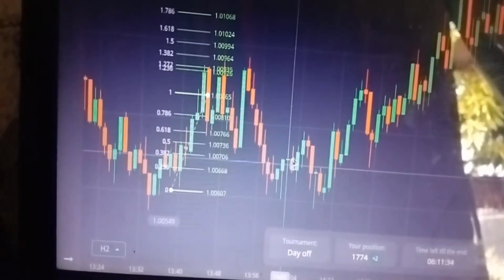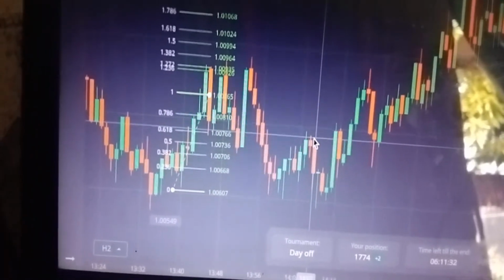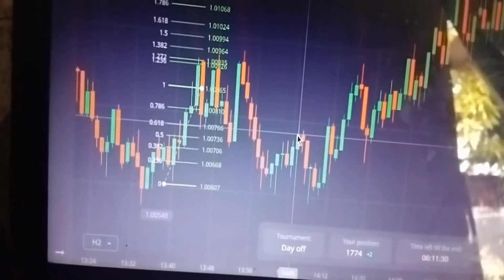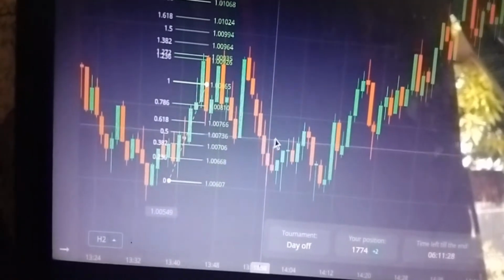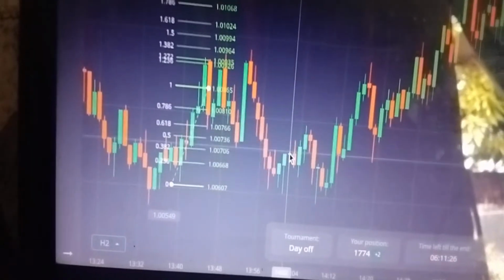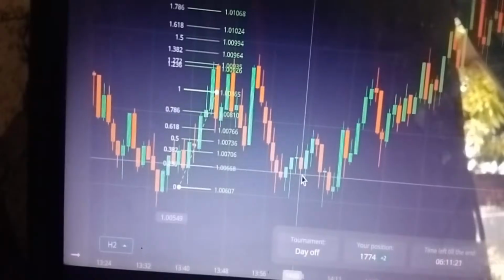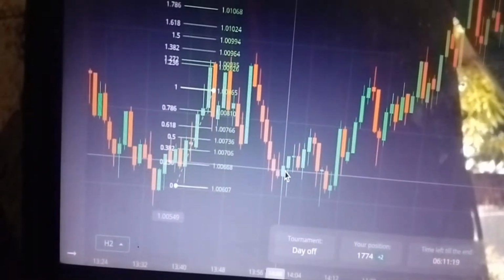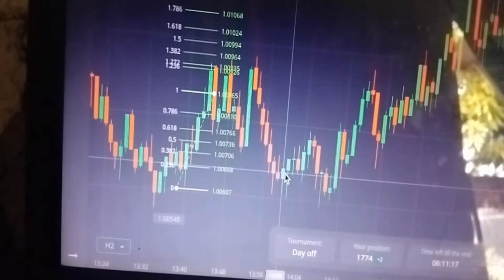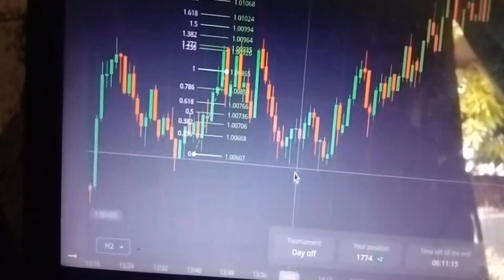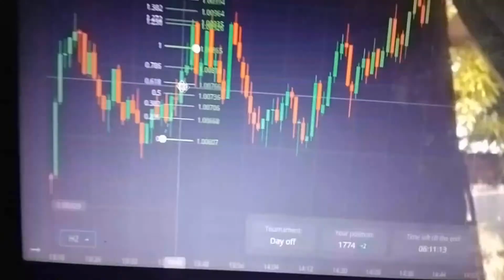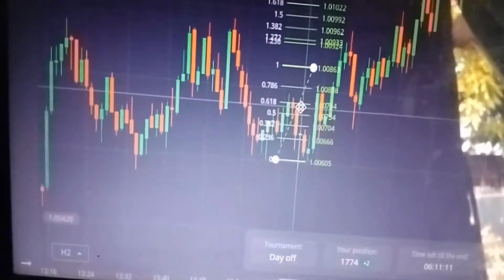Price just kept pressing higher, right? Kept pressing higher, breaking the swing high right there, then a retest into a 50%. I don't think they reached 50%, but let me measure it.